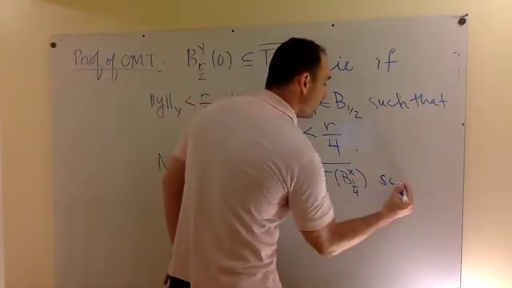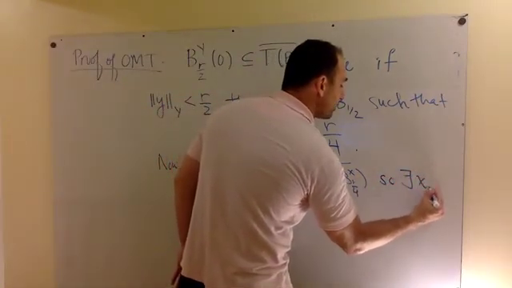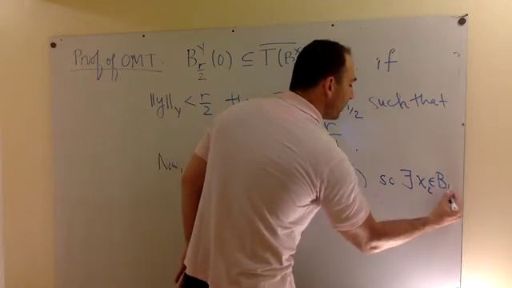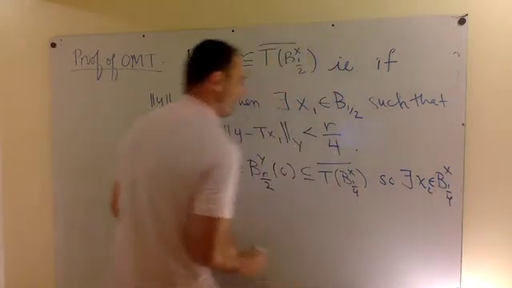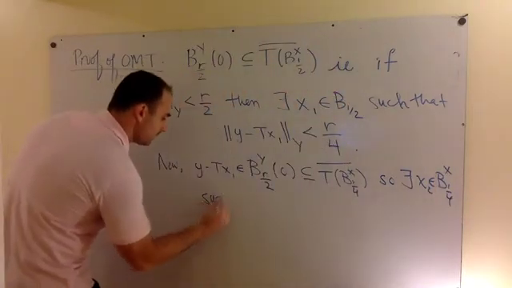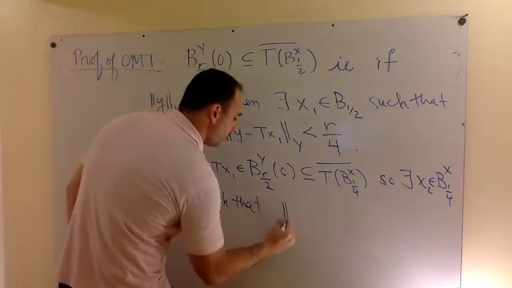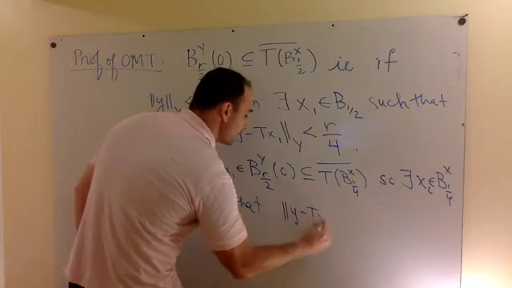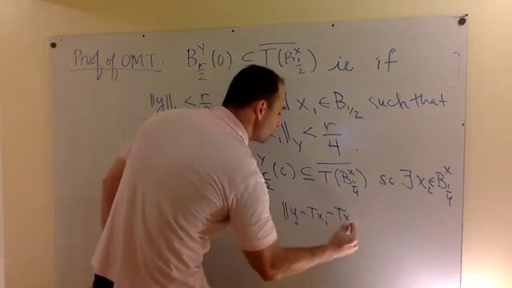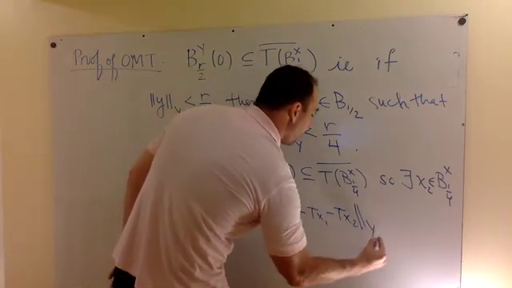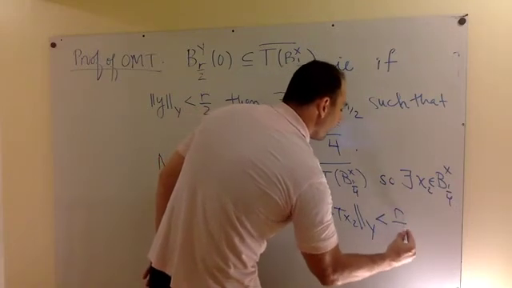So, there exists an x2 in B_{1/4} such that the norm in Y of y minus T x1 minus T x2 is less than r over 8.